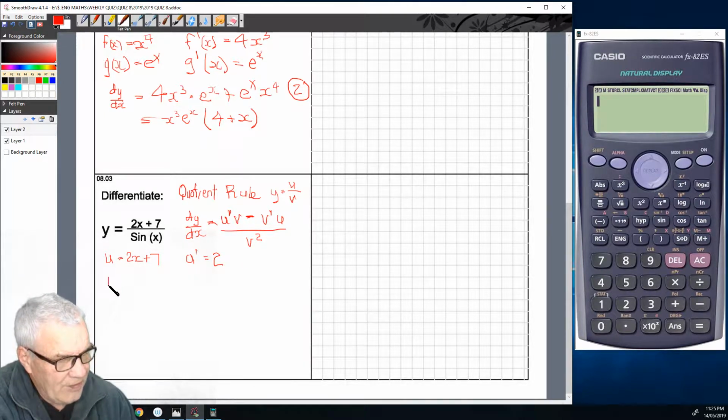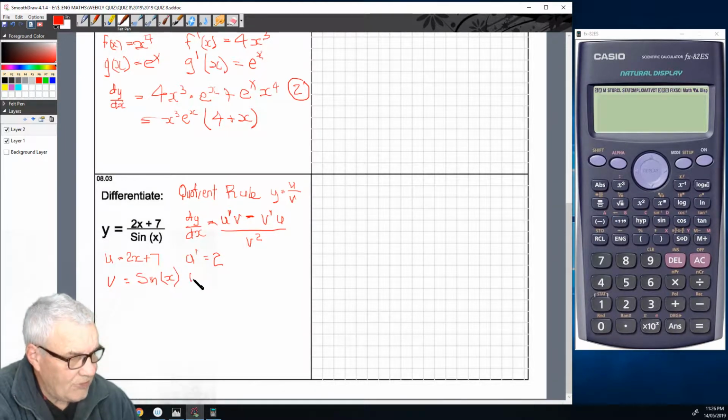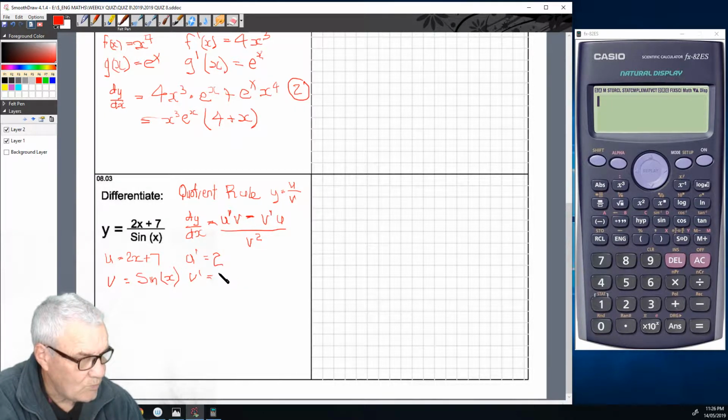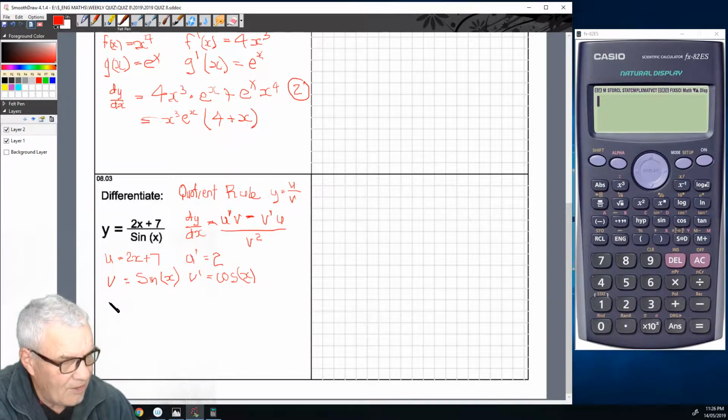And then we've got v equals sine x and v dash equals cosine of x. So there's all the little parts of our equation, and now we've just got to put them together.